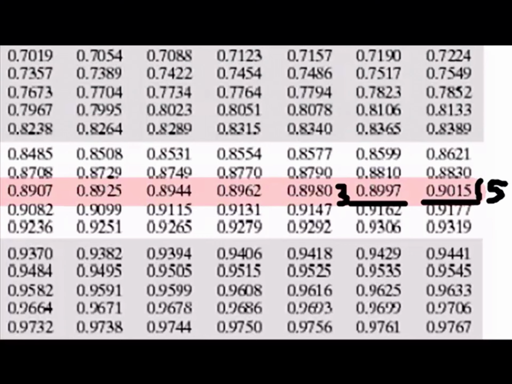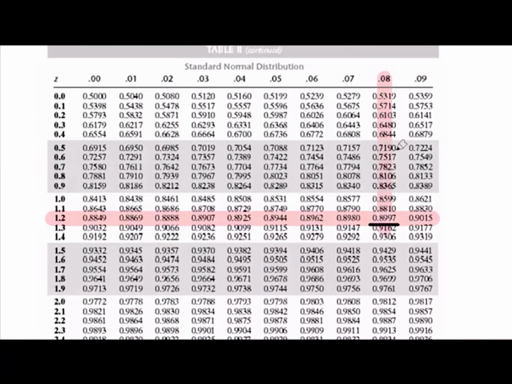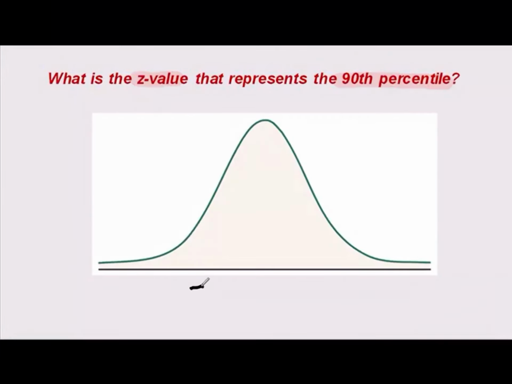That's the one we'll go with. So we finish tracing that up to find our z-score. So our z-score, according to the chart, for the 90th percentile is 1.28. 1.28 standard deviations from the mean gives you 90% of the curve behind it.